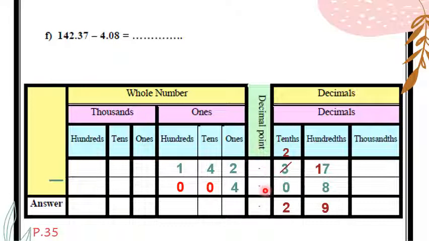Decimal point minus decimal point equals decimal point. Now 2 minus 4, I can't because this is smaller. So I'm going to borrow from 4. 4 will be 3 and 2 will be 12. 12 minus 4 equals 8. 3 minus 0 equals 3 and 1 minus 0 equals 1. So the answer is 138 and 29 hundredths.